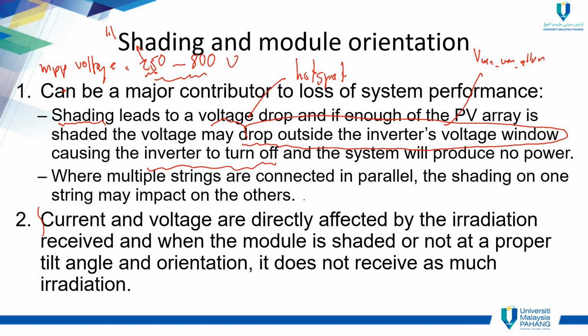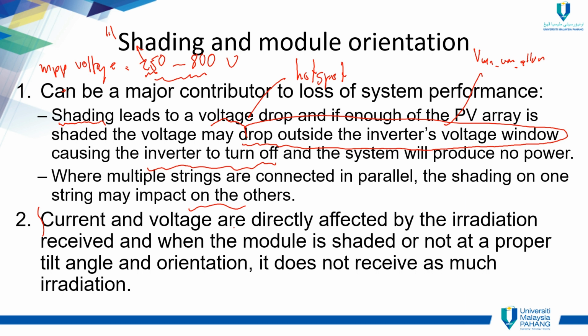When multiple strings are connected in parallel, the shading on one string may impact the others. Macam saya cakap, kalau disambung secara parallel, the voltage will follow the lowest voltage string. That's why this is critical.